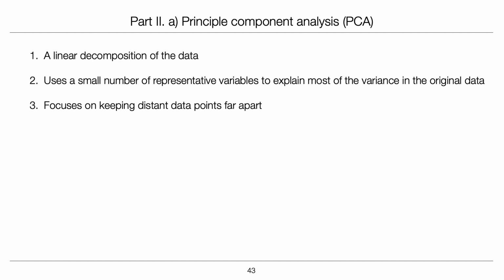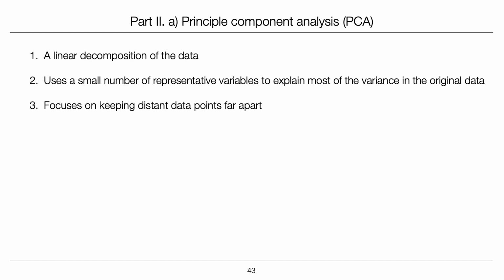Principal component analysis is a technique that uses a smaller number of representative dimensions, each of which is a linear combination of the original dimensions of the data, to explain most of the variance that exists in the data.